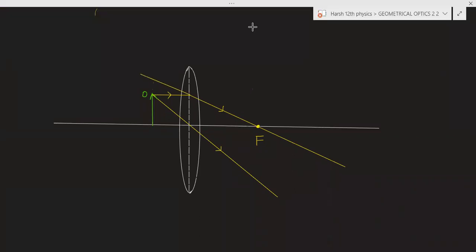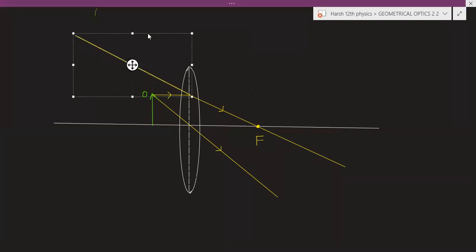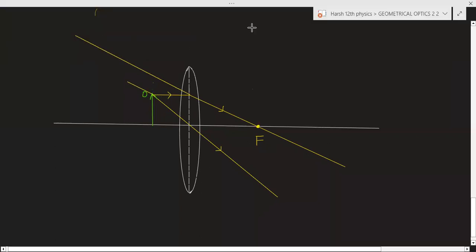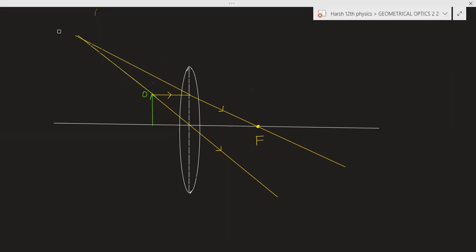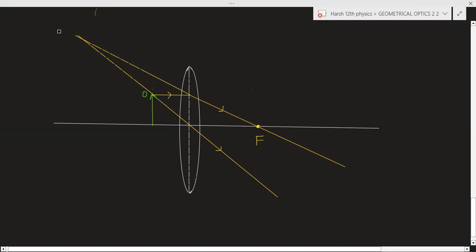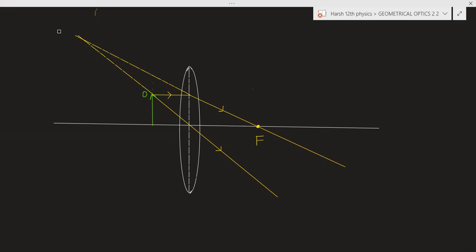I am just producing these diverging rays backward, and we will see where we get the image. Somewhere here we will get the image, and this will be drawn with a dotted line, because we are only producing these rays. The image will be this much bigger. This will be the image.